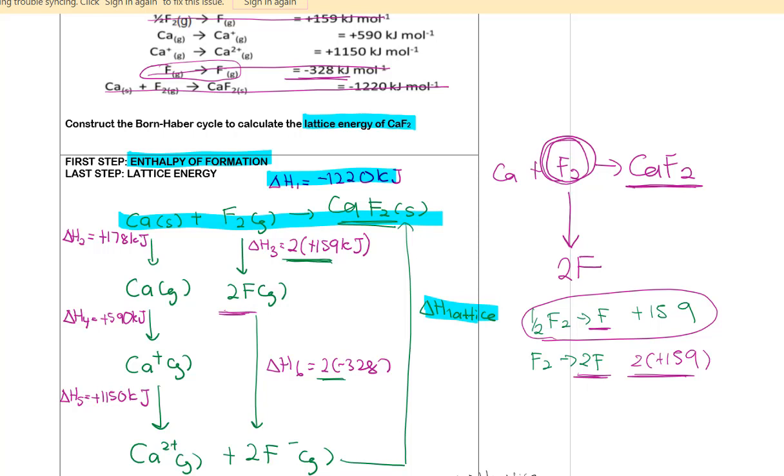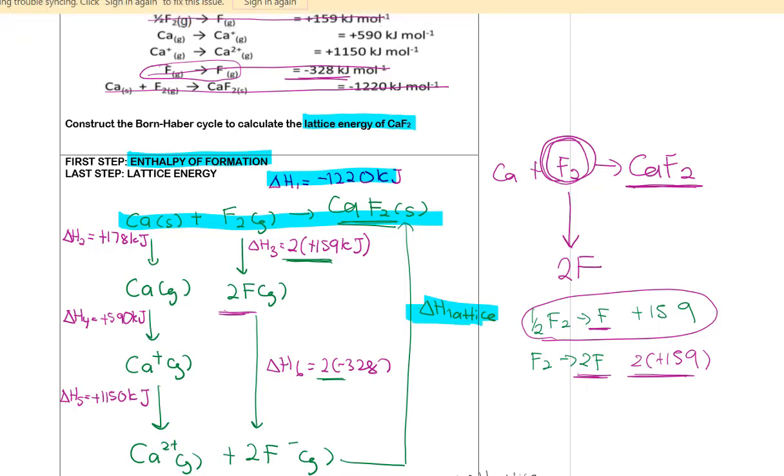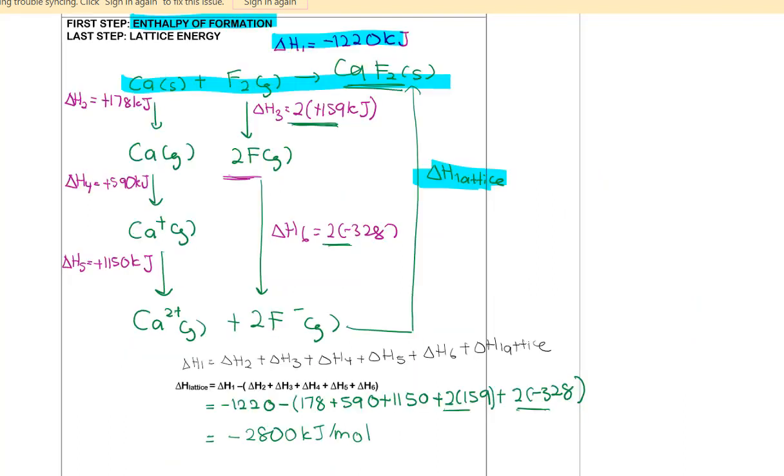So macam biasa juga, kita akan tutup dengan lattice energy. Okay, macam biasa, kita nak baca cycle. Delta H1 ataupun delta H formation sama juga dengan 2 tambah 3 tambah 4 tambah 5 tambah 6 dan juga tambah lattice. So, kita nak cari lattice sama juga dengan delta H1.